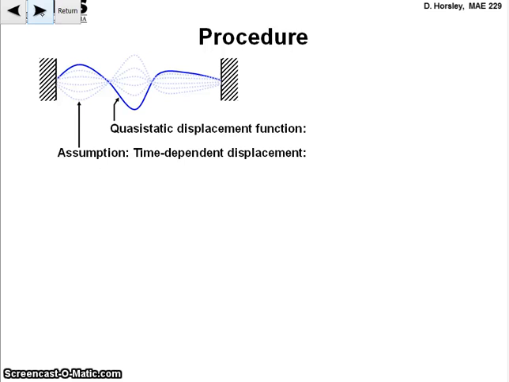So how do we actually apply this to a continuous structure? Well, we need to be able to evaluate the kinetic energy in this continuous body. We know how to evaluate the elastic strain energy, WE.